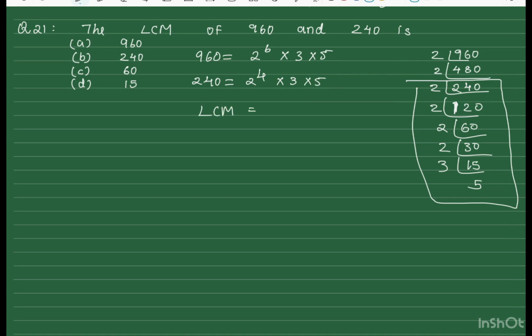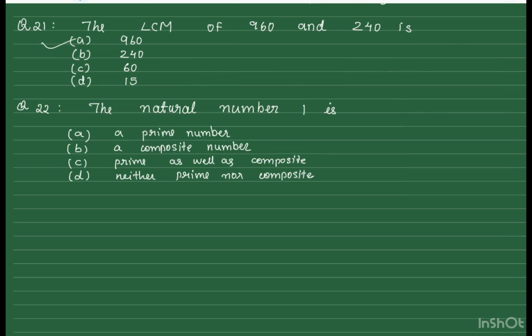So LCM is equal to, here these two factors are common, and in 2 raised to 6 and 2 raised to 4 we take 2 raised to 6 multiplied by 3 multiplied by 5, which is the number 960.